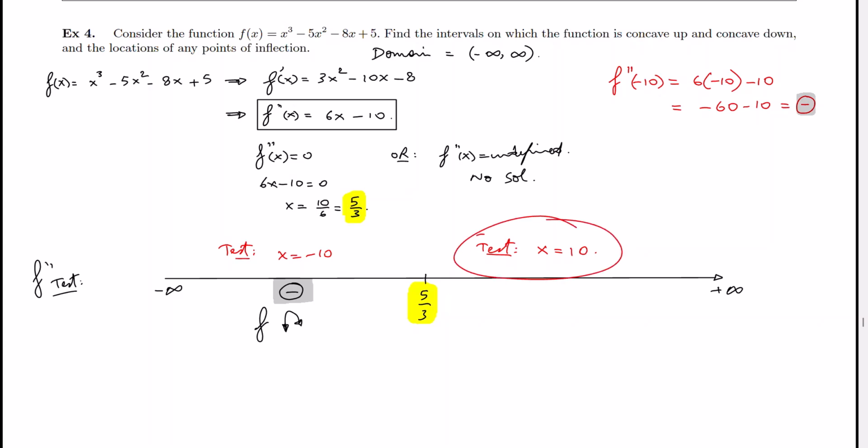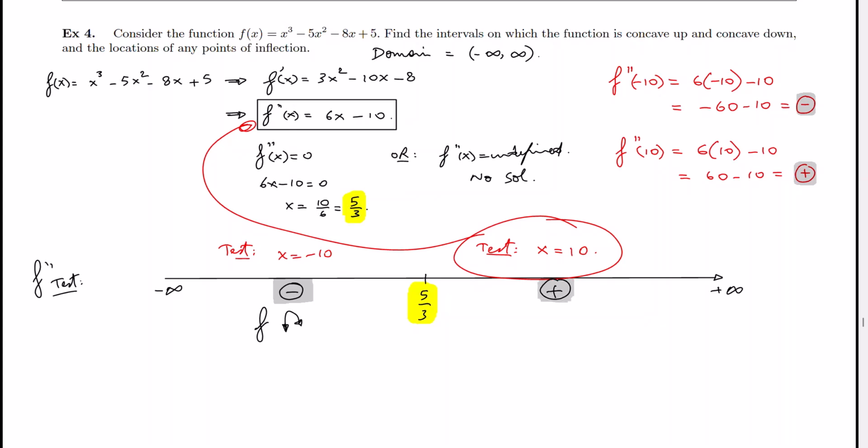Similarly, I'll need to run the test again, but for 10. So this time I'll go ahead and plug in 10 into the second derivative. And this will be 6 times 10 minus 10, which will be 60 minus 10. And the answer is going to be 50, which is positive. So the answer was positive, so I'll go ahead and record that underneath the interval.